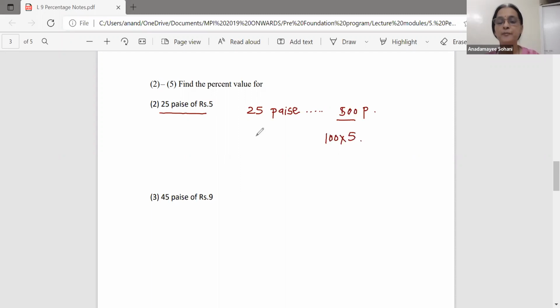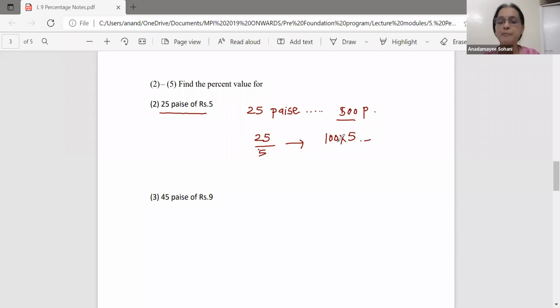So 25 upon 5 of 100 into 5. I'm dividing this by 5, which is equivalent to multiplying this by 5.